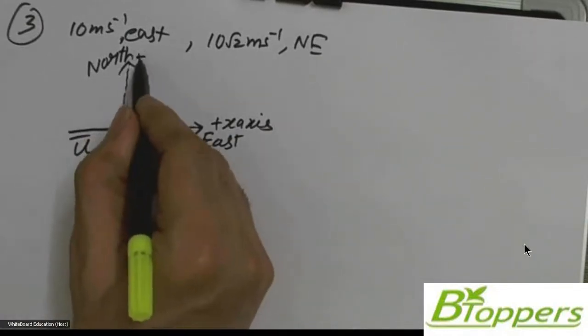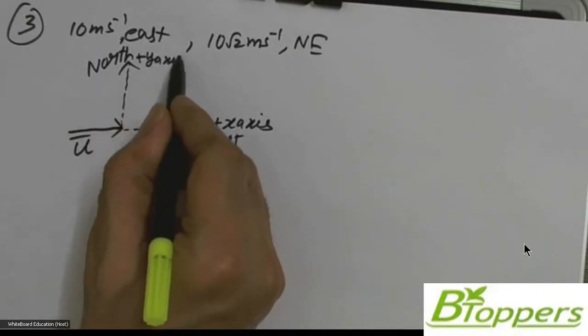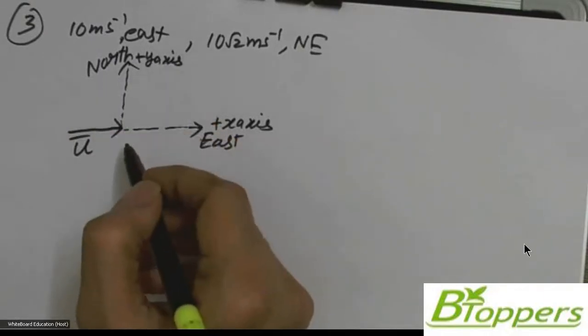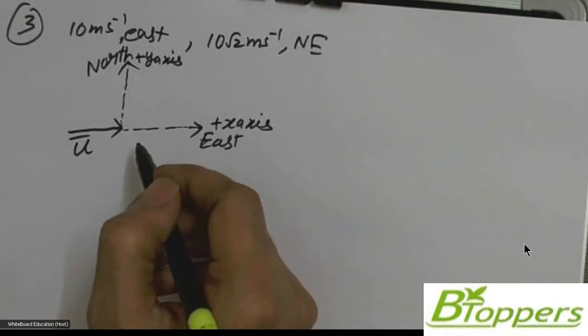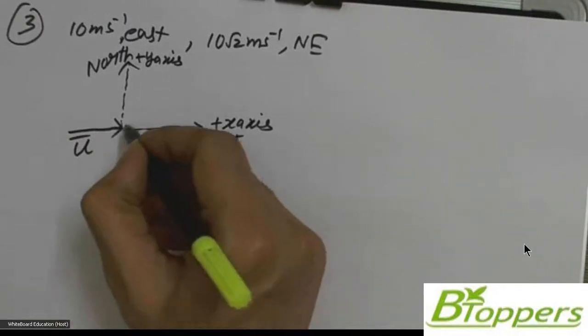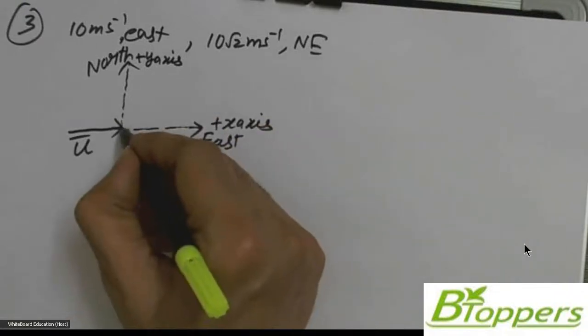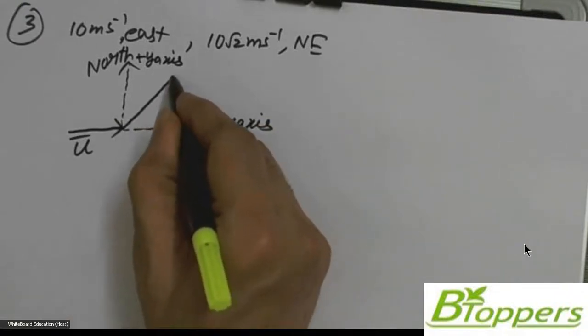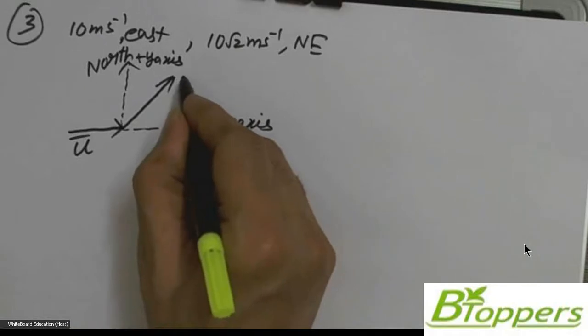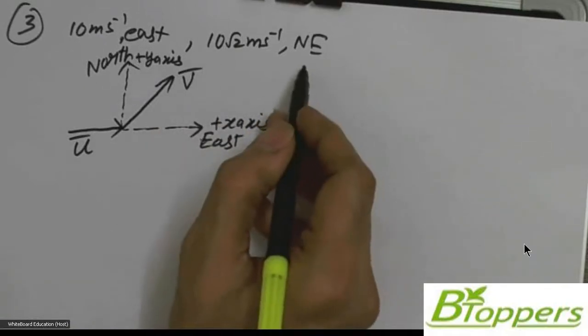The horizontal direction towards north is the positive direction of y-axis. I denote the final velocity of the particle in vector form by v bar, which is directed towards northeast.